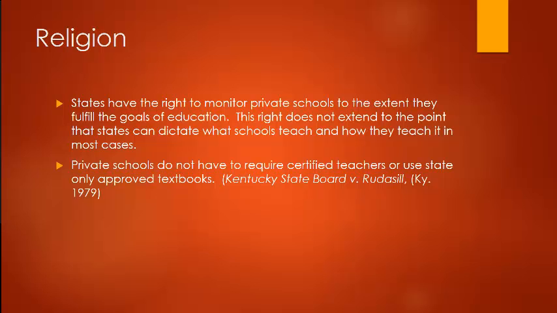But the state does have a right, if it chooses, to monitor private schools to ensure the students are learning. And so theoretically, even though a private school is not run by the state, the state could yank any certification and deny the private school if it were not meeting the goals of education.